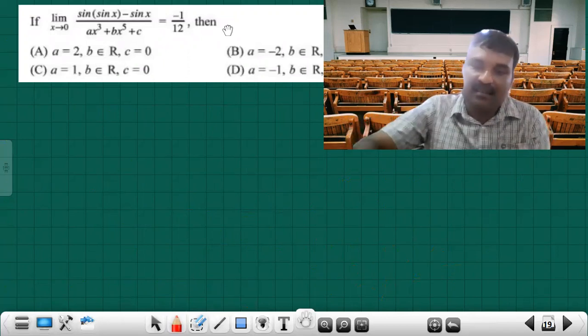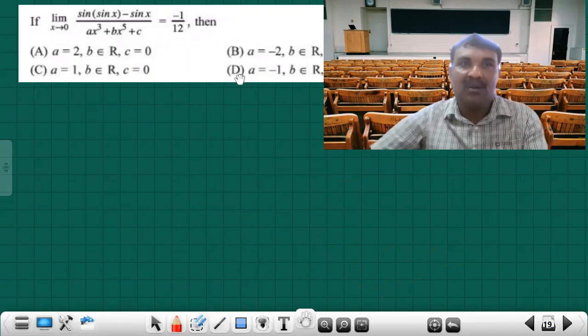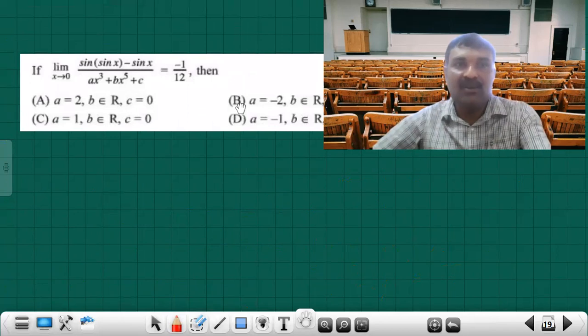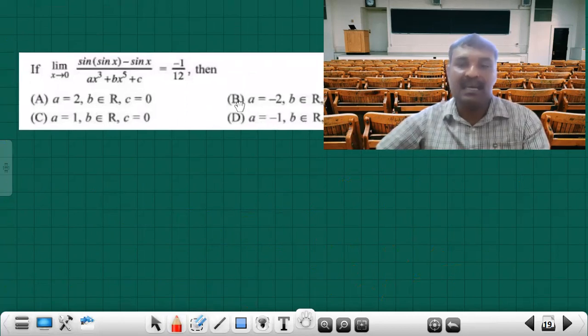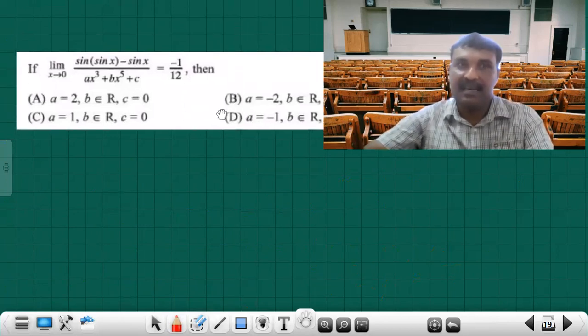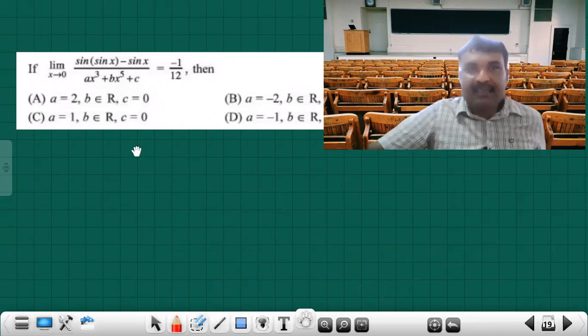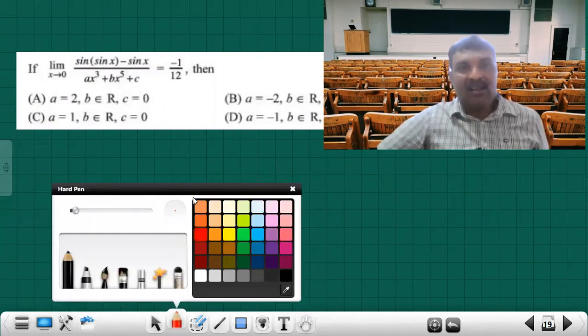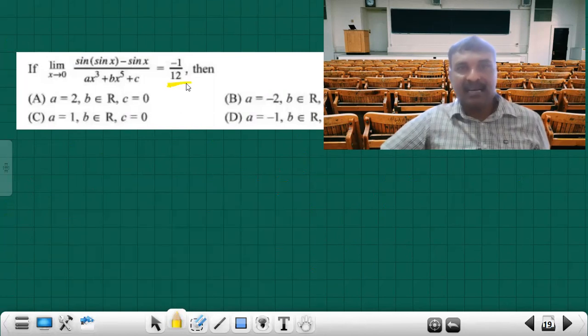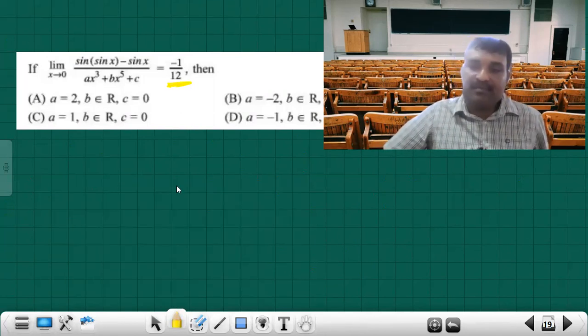Now, look at the question. We want to evaluate the value of A, B, and C, right? Since they are given, the value of the limit is given as minus 1 by 2.